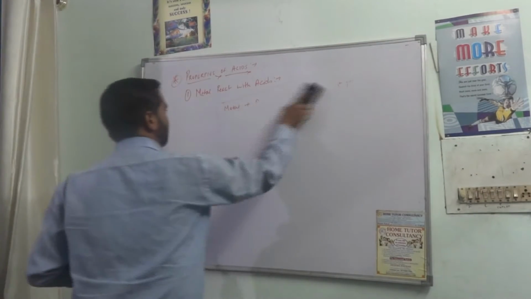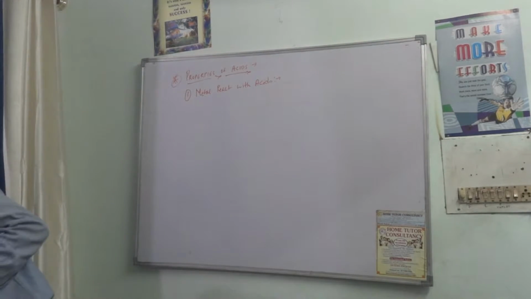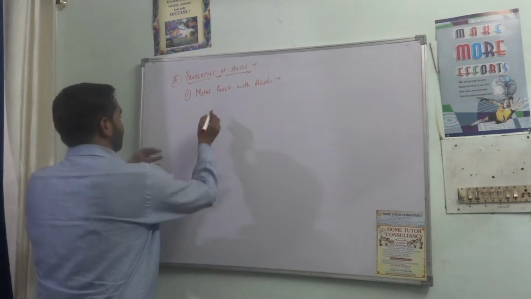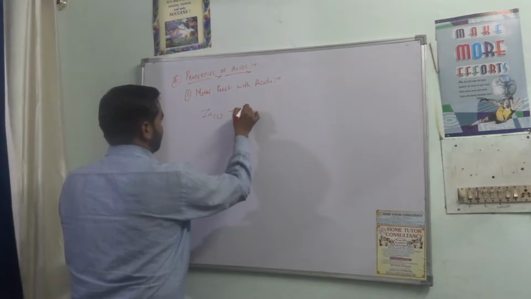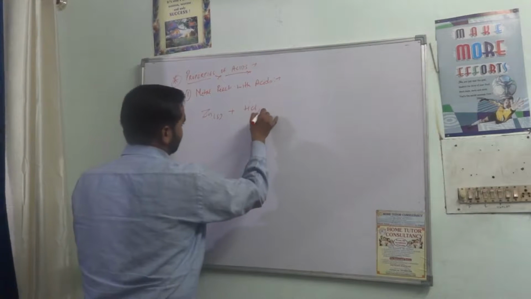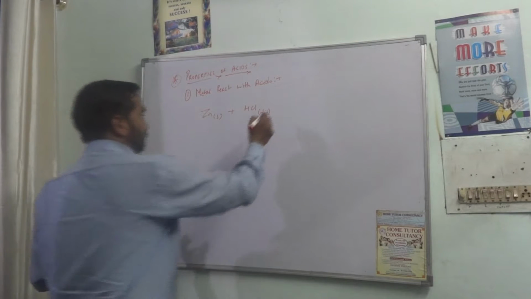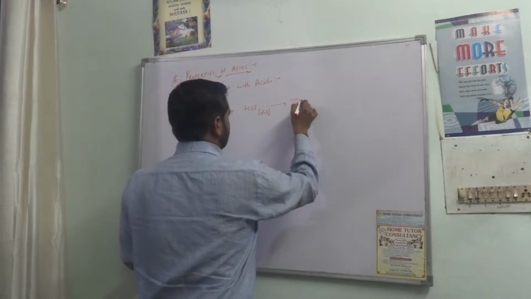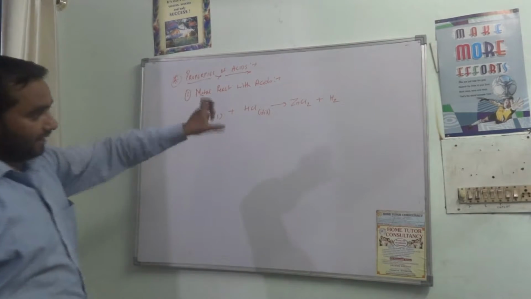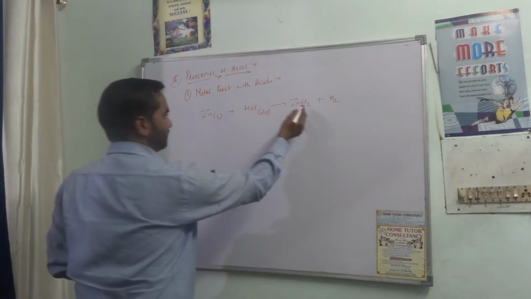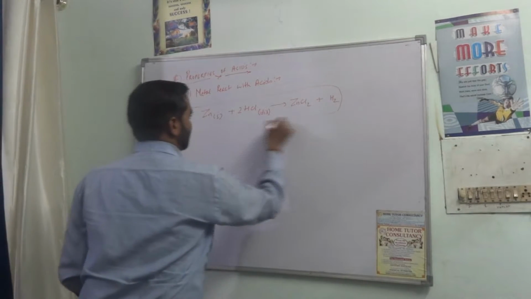For example, if we take an acid, anyone which is normally used, HCl or H2SO4, with any metal like zinc, which is solid, with dilute HCl, to form ZnCl2 plus H2 gas. To balance this equation, we put 2 before HCl.